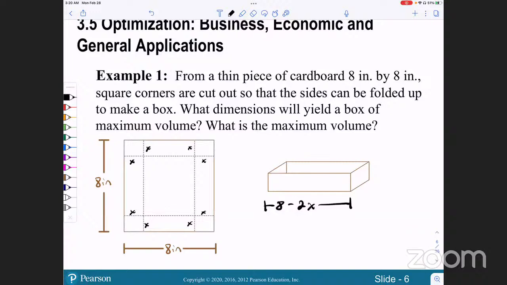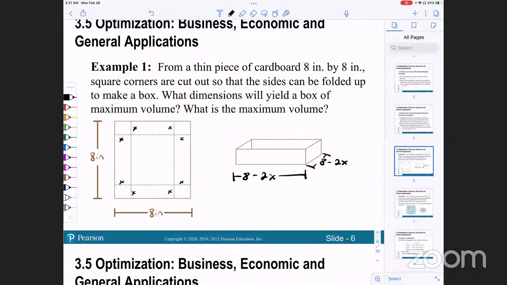And here, this is also 8 minus 2x. This is the setup of what's going on.